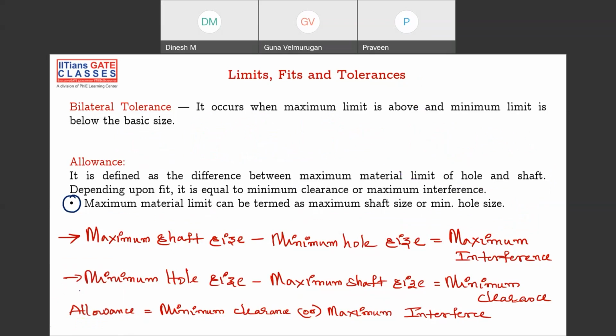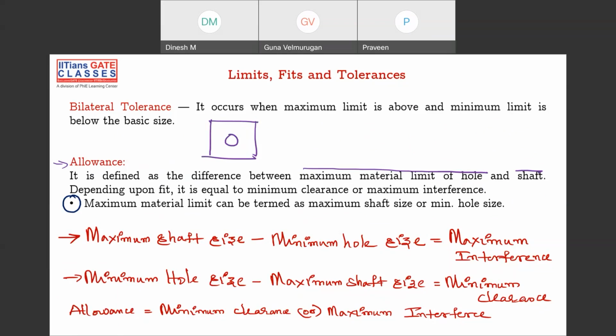Fine. Now we'll discuss allowance. Allowance is the difference between the maximum material limit of hole and shaft. Maximum material limit of hole is the minimum hole size, isn't it?